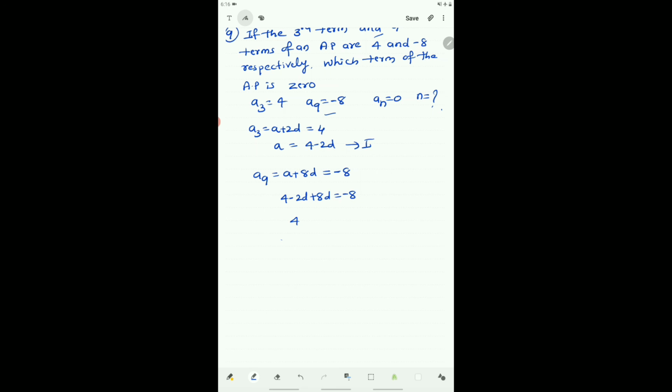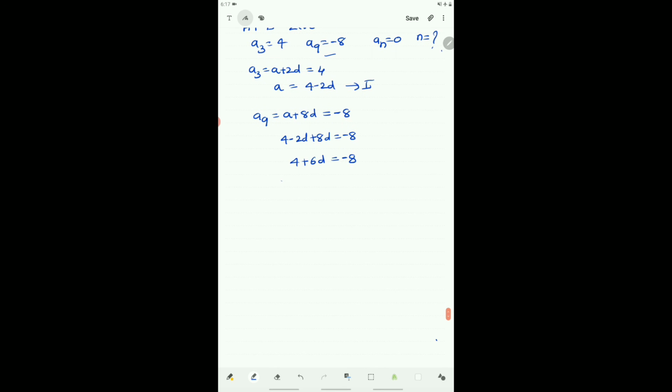4 minus 2D plus 8D is, that is plus 6D is equals to -8. 6D is equals to -8 minus 4. Then 6D is equals to -12. D is equals to -12 by 6.